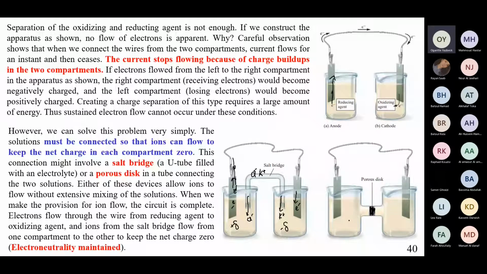So for example, if we have positive buildup here and negative buildup here, and we have ions already in solution, whether K plus, Cl minus, on both sides, as negative charge builds, Cl minus goes there, and potassium ion starts to come here, again neutralizing the medium so that electrons can continue to flow.